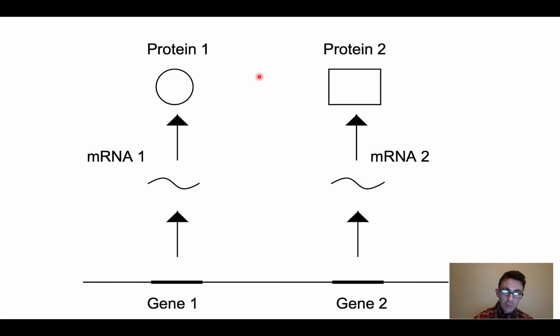So that was an example for only considering one gene, but we can also think about considering multiple genes in this model. For example, if we have gene 1 and gene 2, we can model this two gene system as gene 1 producing mRNA 1, which is then translated into protein 1, and gene 2 producing mRNA 2, which is then translated into protein 2. A key thing to note here is that these mRNA strands correspond to their respective genes.